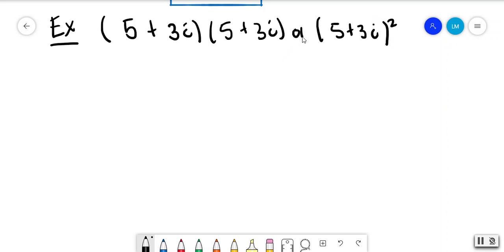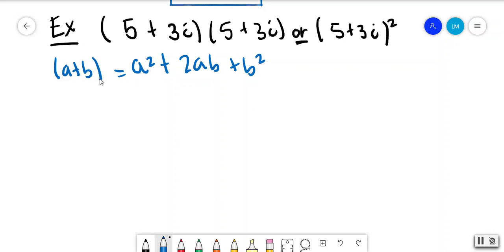One way that you can do this is to use the following formula: a squared plus 2ab plus b squared, for whenever you have a binomial squared. However, because I use the distributive method, it's all the same.